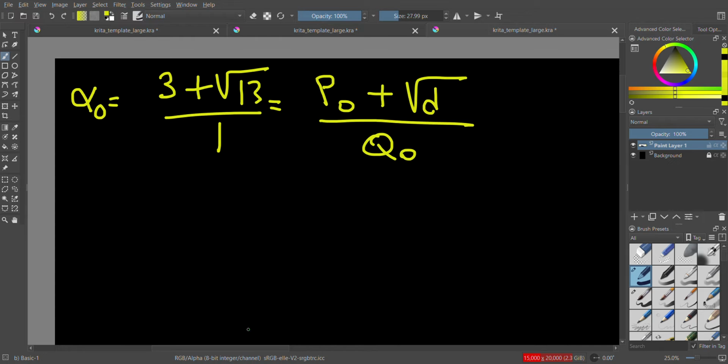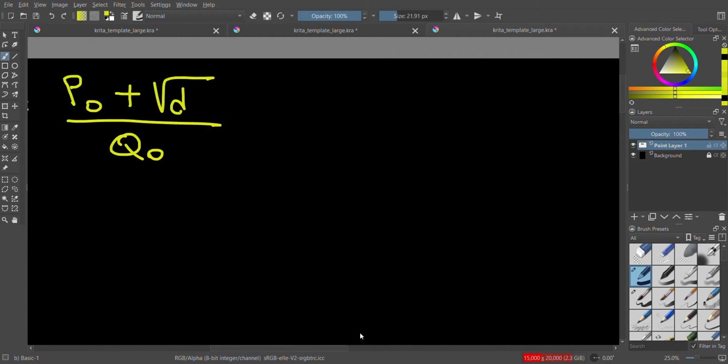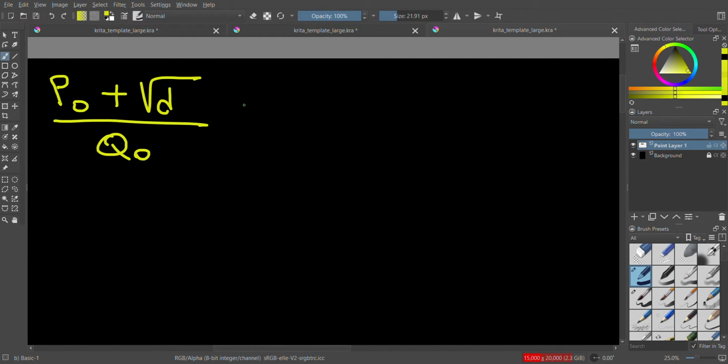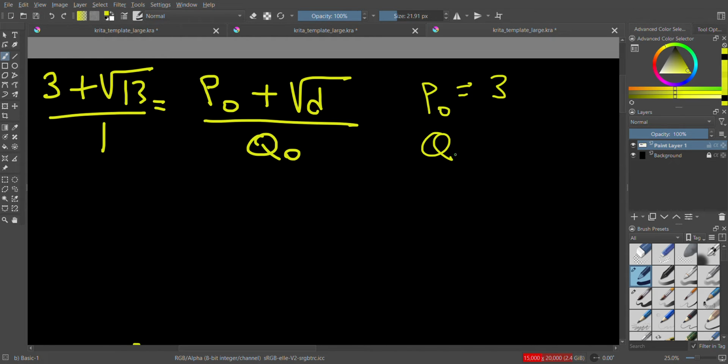So here we have that p sub 0, let me see how big my, okay, this is great. So p sub 0 is 3, q sub 0 is 1, right? And a sub 0, we already know, is 6 from before.